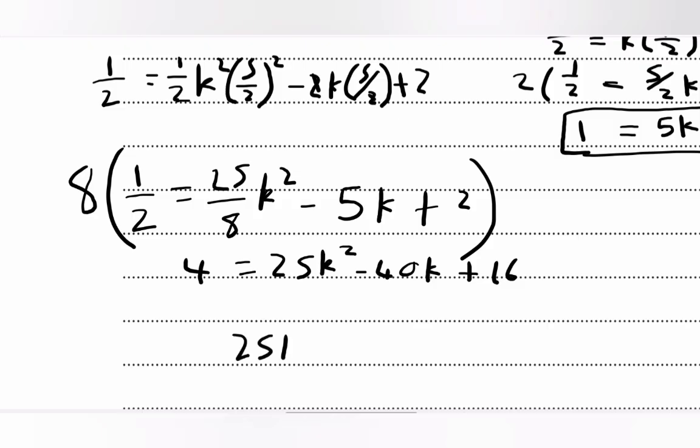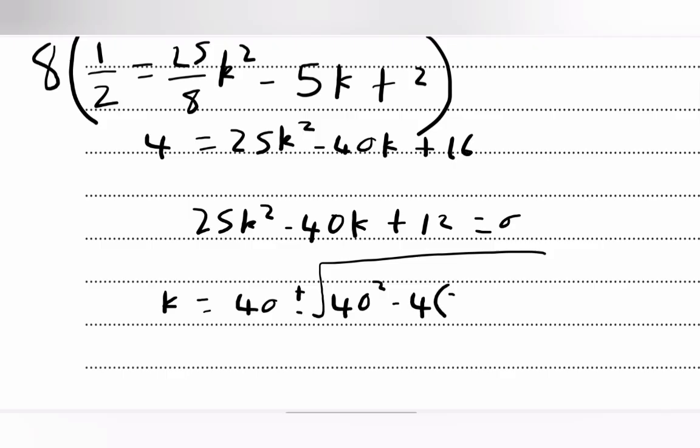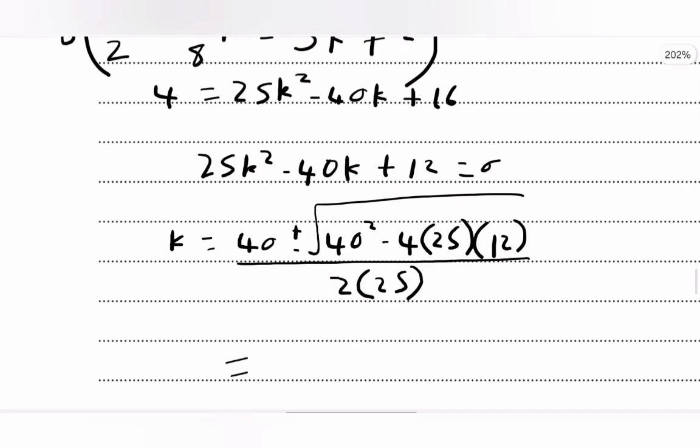So 25k squared minus 40k plus 16 minus 4, that's 12, is equal to 0. And to get k, we can use the quadratic formula. So this will be 40 plus or minus root of 40 squared minus 4a and our c, all over 2a, like that.